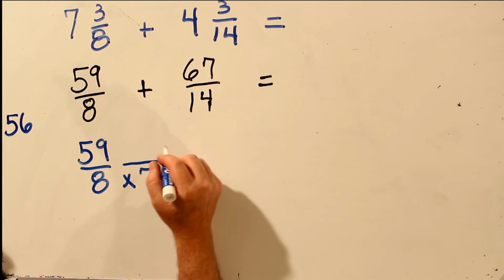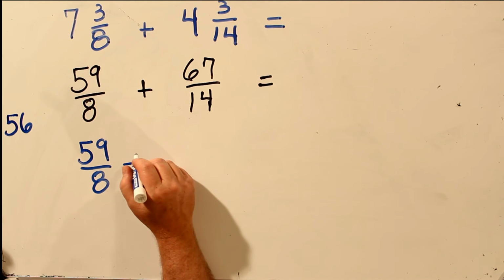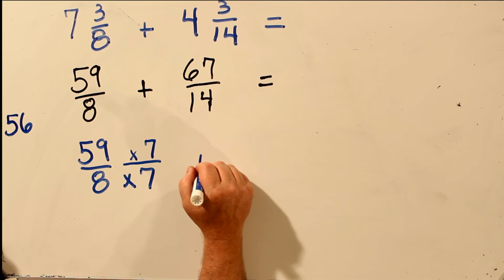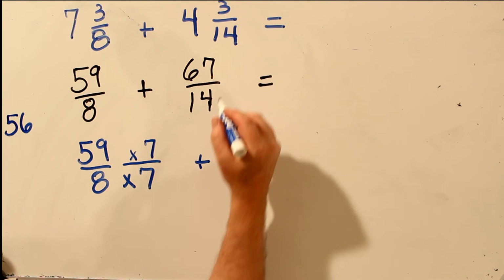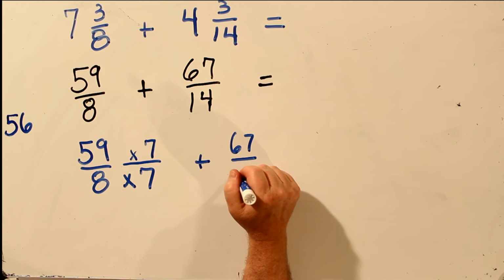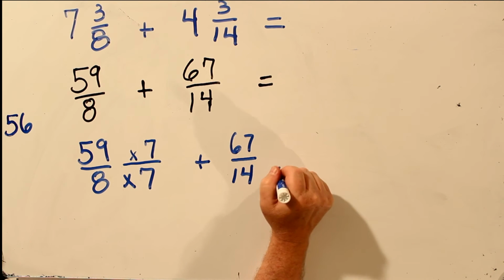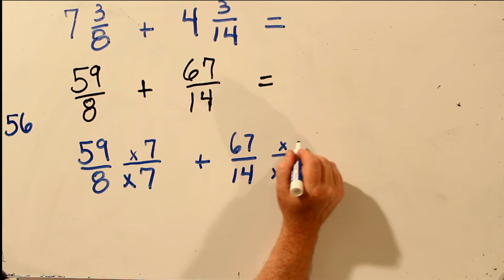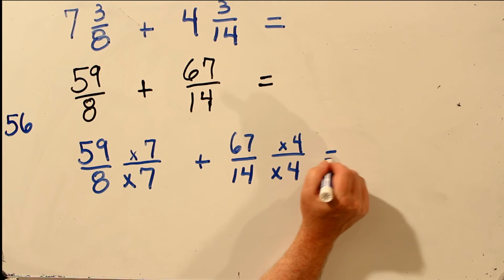And to keep the fraction the same, if you multiply the bottom number by 7, you've got to multiply the top number by 7. And here, to make this bottom number 56, we'll have to multiply 14 times 4. And if we multiply the bottom number by 4, we have to multiply the top number by 4.